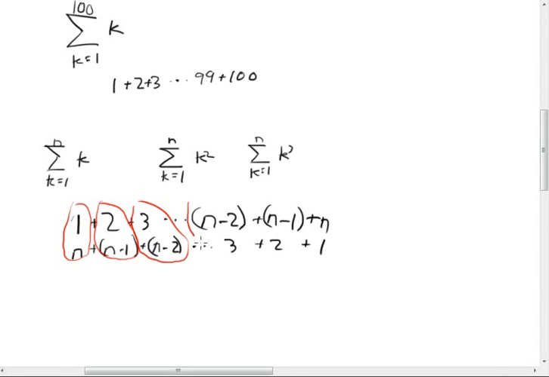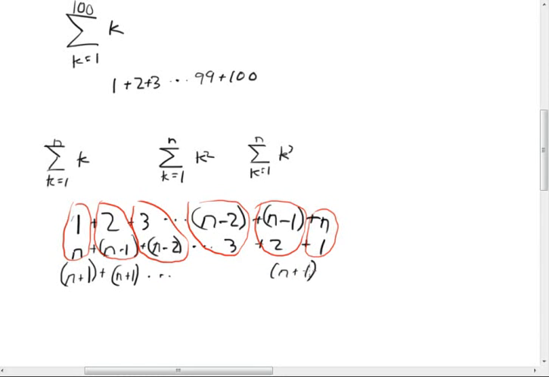we begin to notice a pattern here. That really, this is n plus 1, this is n plus 1, and we do that how many times? Well, we do it n times.